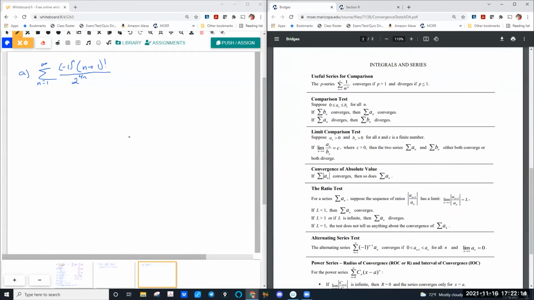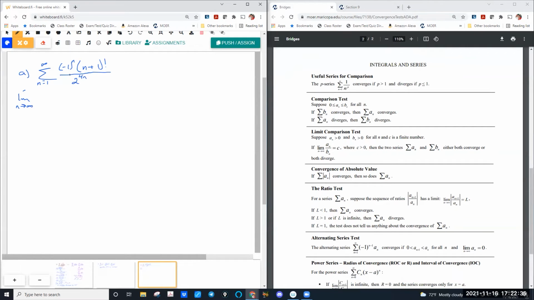The biggest thing is setting up your limit. We talked about this one last time. So limit as n approaches infinity. It's going to be a sub n plus 1, which is all these n's are going to become n plus 1s. You don't have to include the alternating piece because of the absolute value symbol.